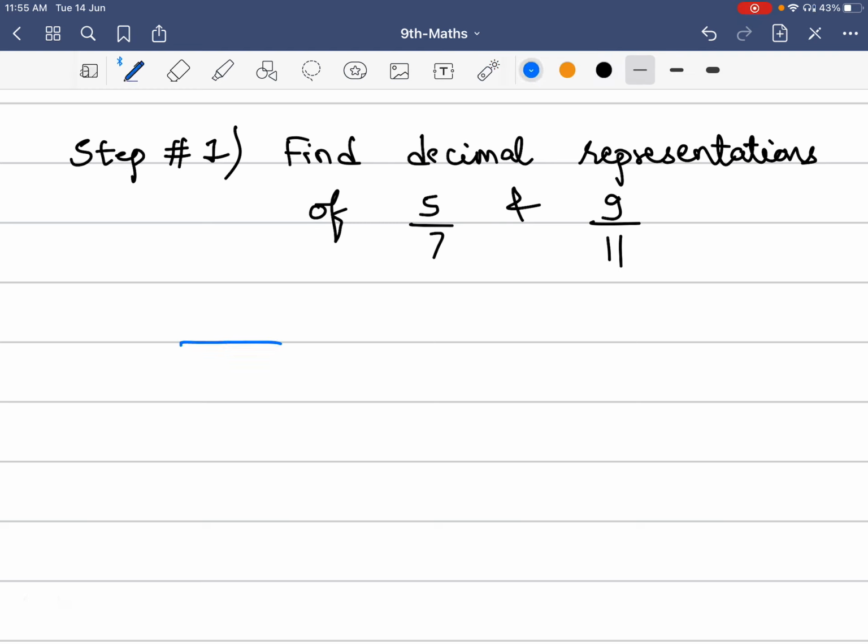So 5 by 7 is like this, 5 by 7, so 0.50.